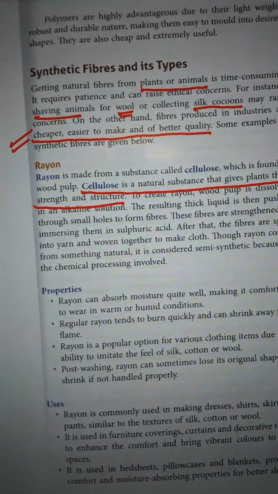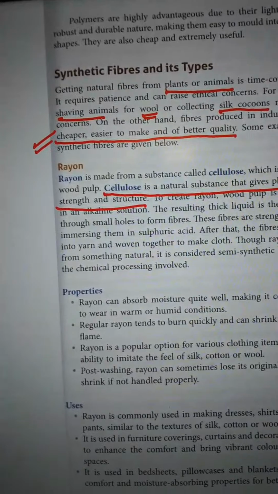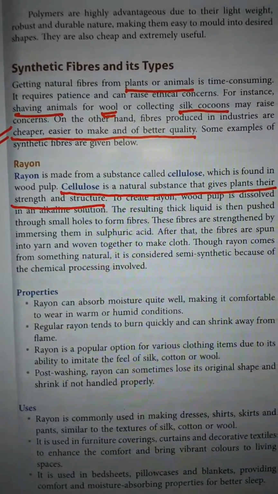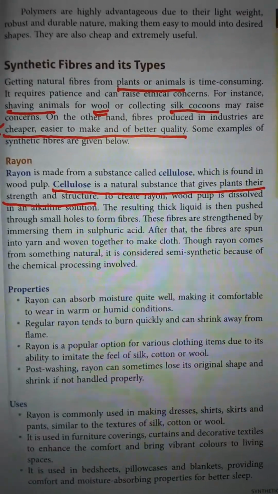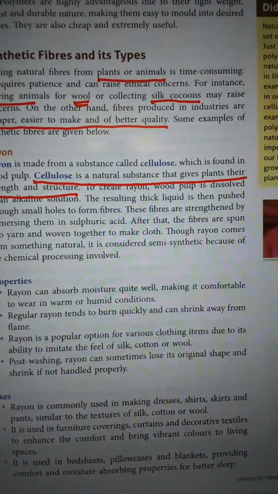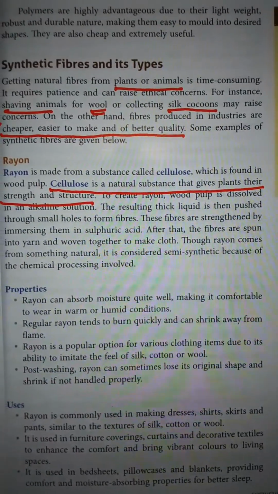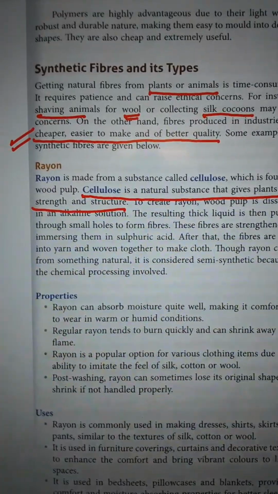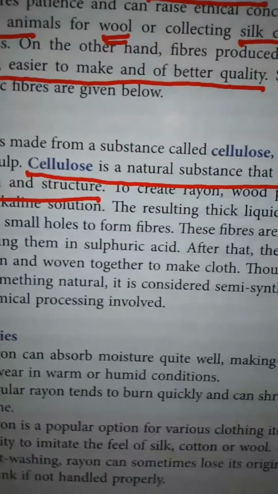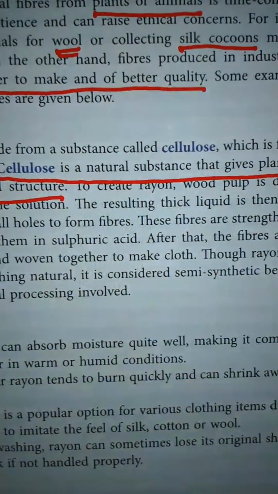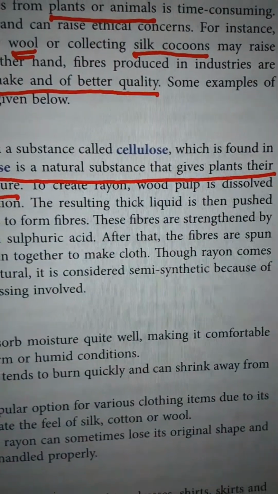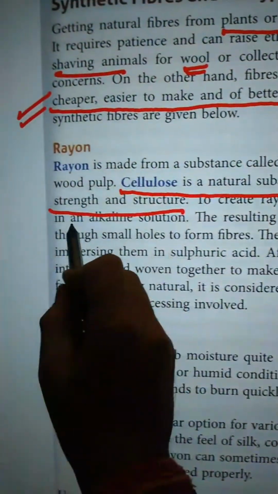Similarly, that is the fiber. In every plant there is a component called cellulose. So here we are talking about rayon. It is made from wood pulp, and this wood pulp is dissolved in alkaline solution.